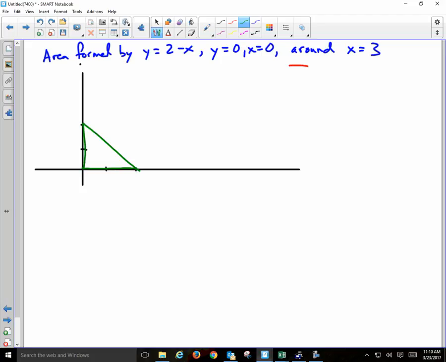I'm rotating around what? x equals 3. Well, what does that look like? A vertical line, right? We're not rotating around the y-axis now. We're rotating around a vertical axis that's different. x equals 3. Well, if I kind of mirror this image on the other side, it looks like I can go all the way over to 6.